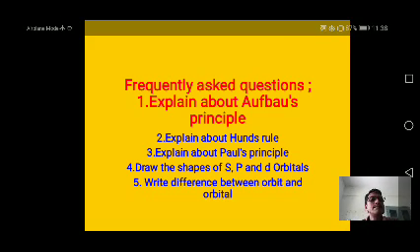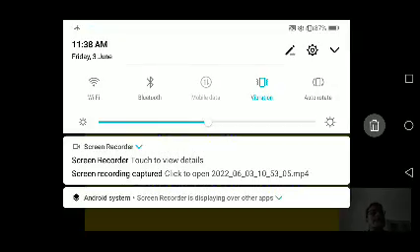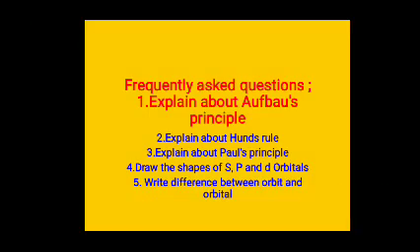These 5 electrons are filled in the various available orbitals. In the p orbital, the maximum number is 3 electrons. These 3 electrons are filled one each in the px, py and pz orbitals.